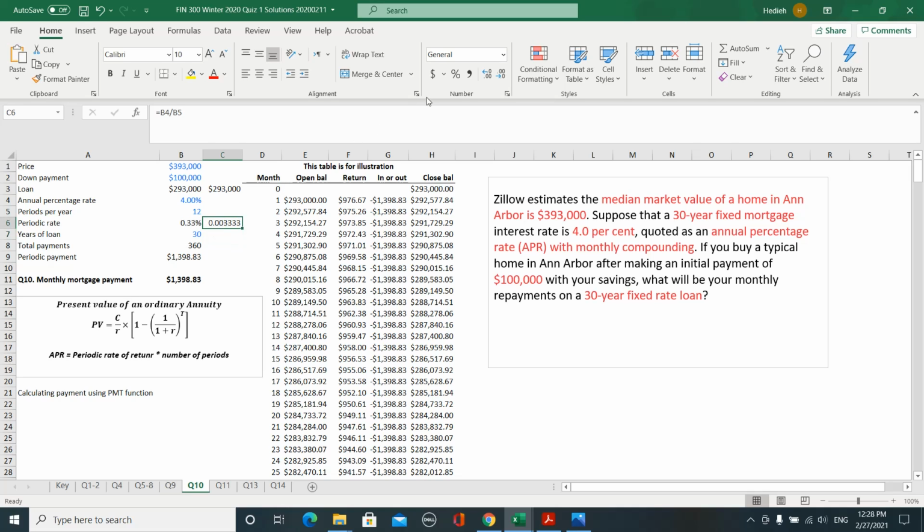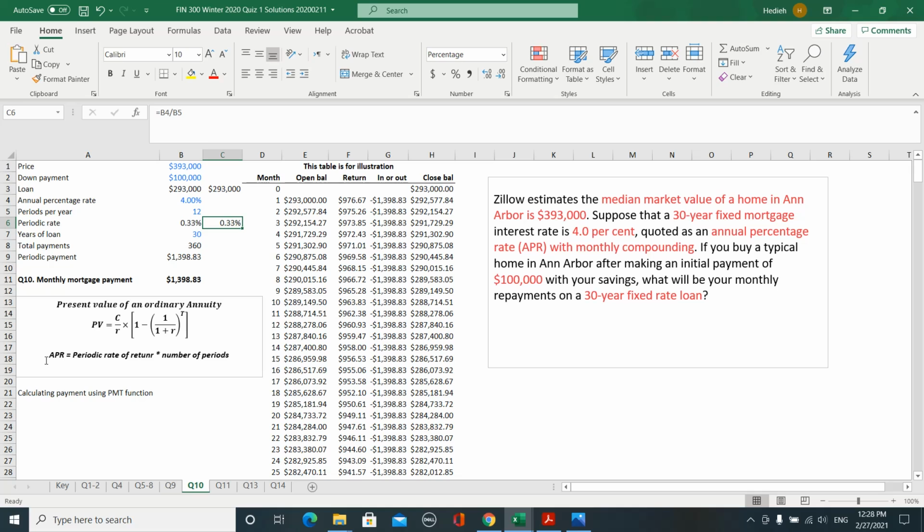Then you can use this option in Excel to change the number that exists in this cell to a percentage form and increase its precision. So the interest rate that you should pay each month is 0.33%.